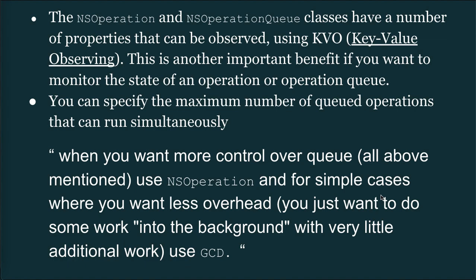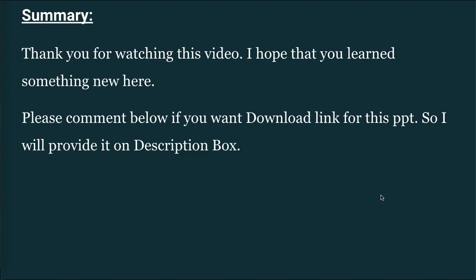You can specify the maximum number of queued operations that can run simultaneously. When you want more control over the queue, as mentioned above, use NSOperation. And for simple cases where you want less overhead, you just want to do some work in the background with very little additional work, use GCD.